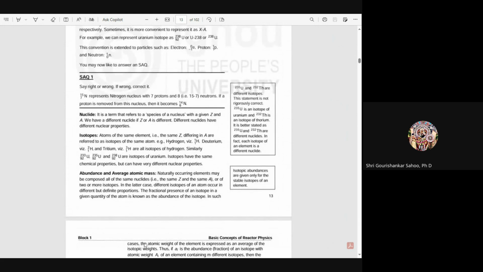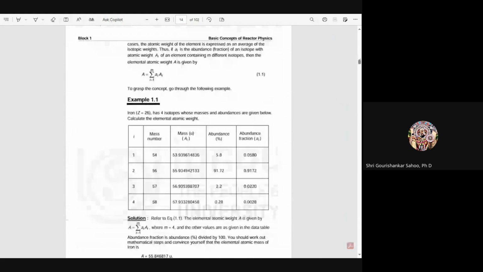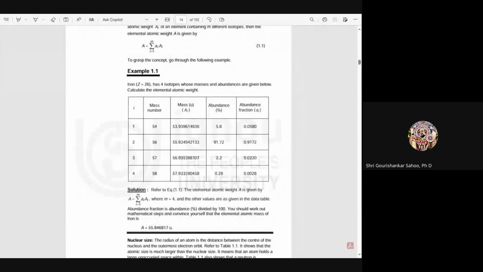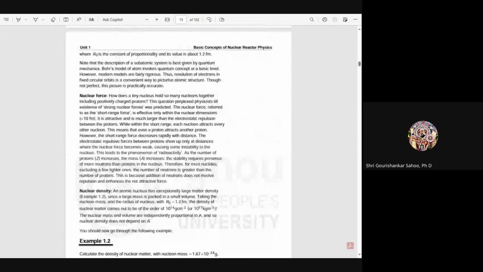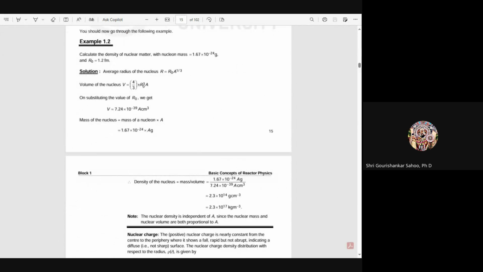So you know what is a nuclide, what is an isotope, and so on. You know what is nuclear force, what is nuclear density. Here are some examples.